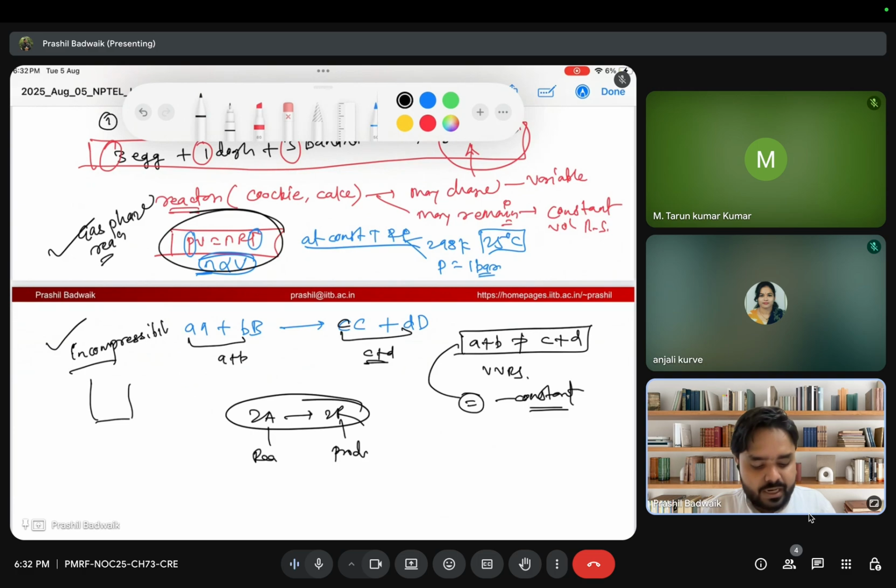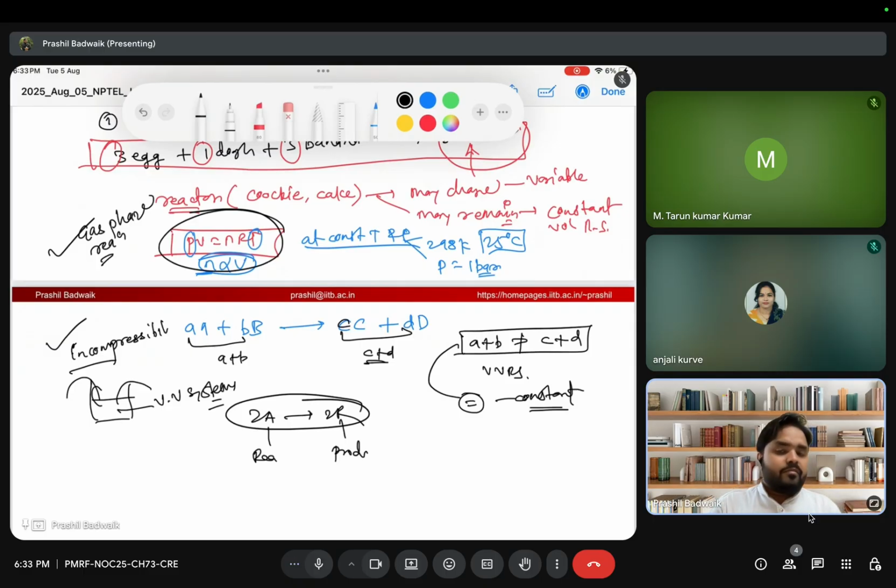It will come and spill over. That means it is incompressible, so whenever you add two chemicals, generally these processes are variable volume systems. Okay, so that is one thing.